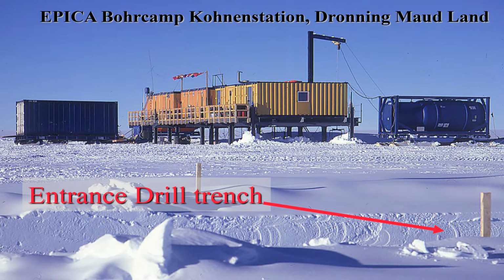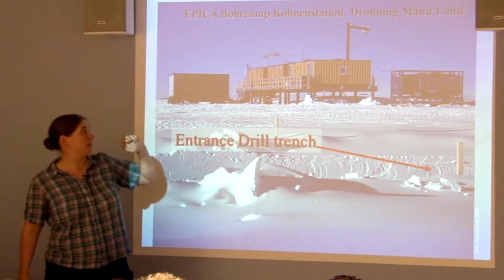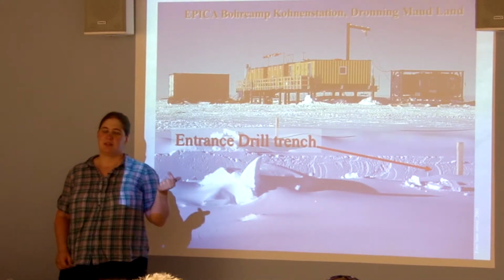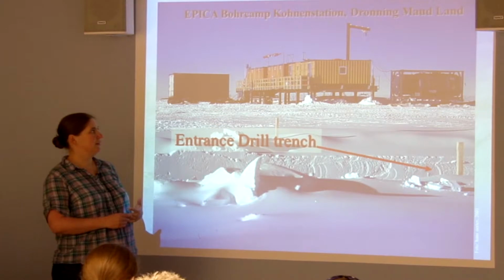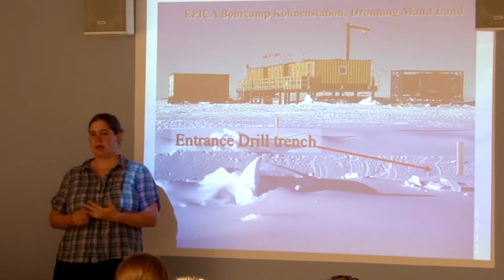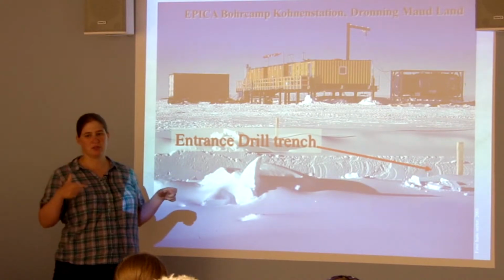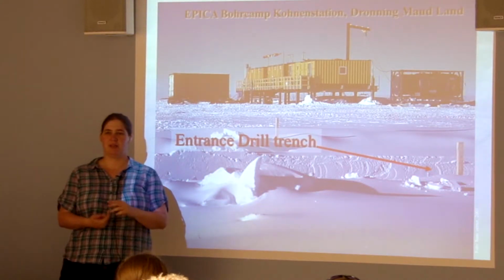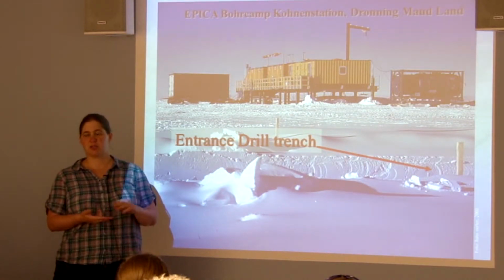This is a picture of the living quarters. There's a workshop, a kitchen, a community room, a room with a washing machine, a bathroom, a shower, and there are 2 living quarters with beds, but they are only for the camp leader, the doctor, and the cook.